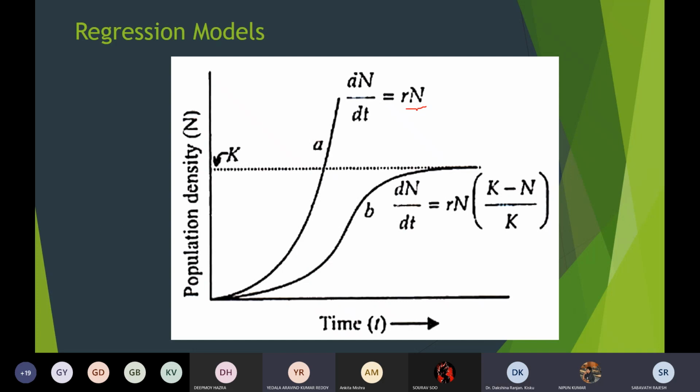If I consider a region as a country or a district or a particular area, this n will be referred to as the population growth and r is the growth rate. Now this dn by dt, that means if we find the derivative of population growth with respect to time, then this will give us the rate of change of population growth.